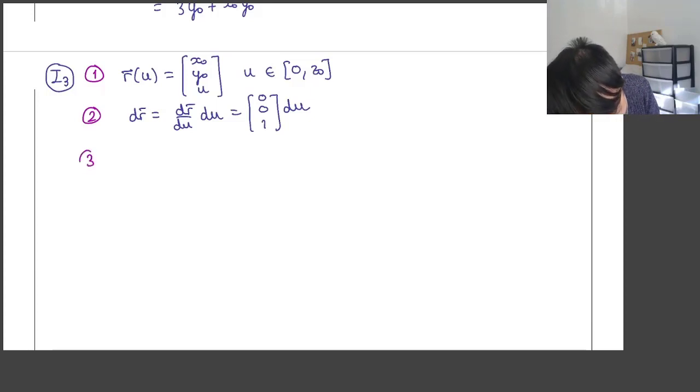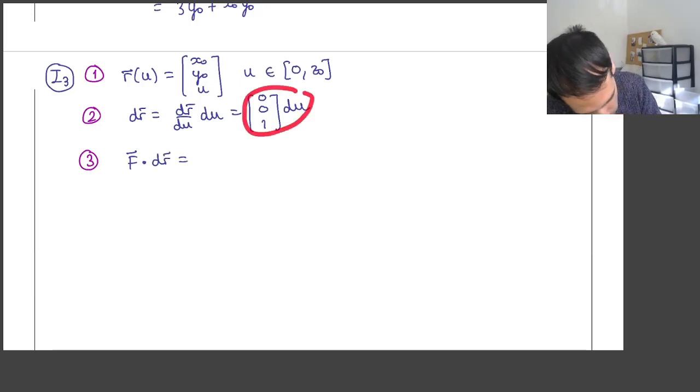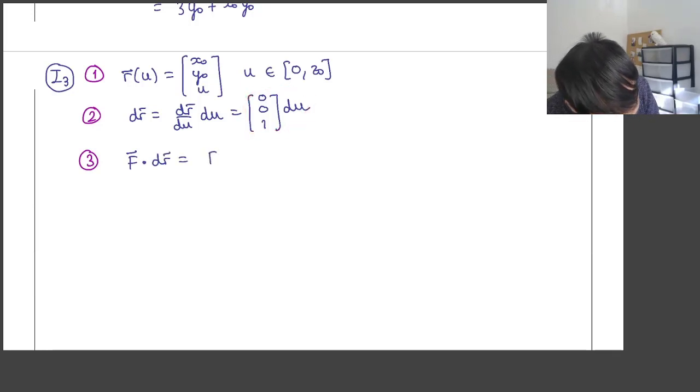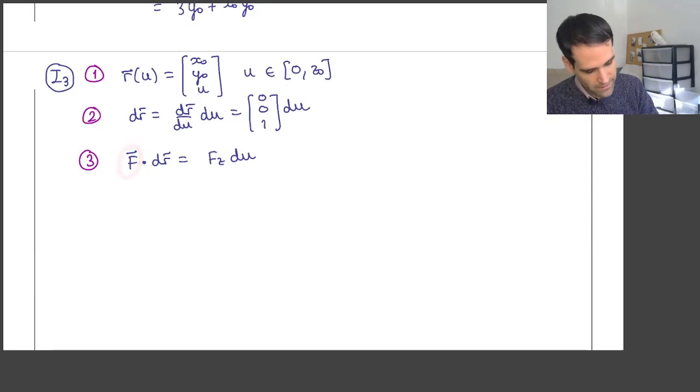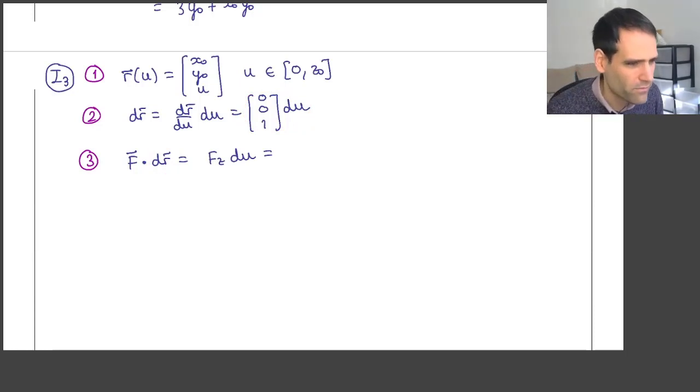So step 3 is to evaluate the integrand at the surface. So f dot dr. Since dr only has a z component, we can say that this is equal to fz times du. Right? I'm doing the dot product between fx, fy, fz and dr, which is this vector here. So now we substitute f of z. So I can copy it from my other screen.